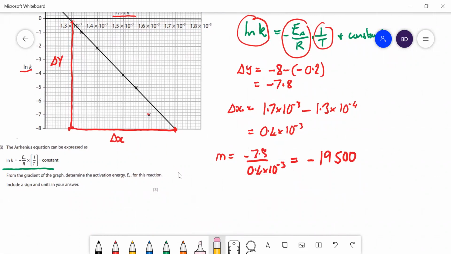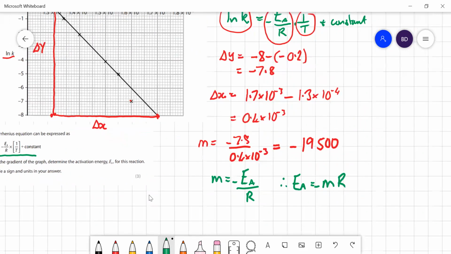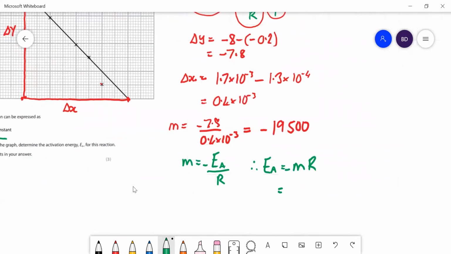Now we know that m is equal to minus Ea over R, so therefore Ea is equal to minus m times R. So we have m as 19,500 and R is 8.31 joules per mole per Kelvin.